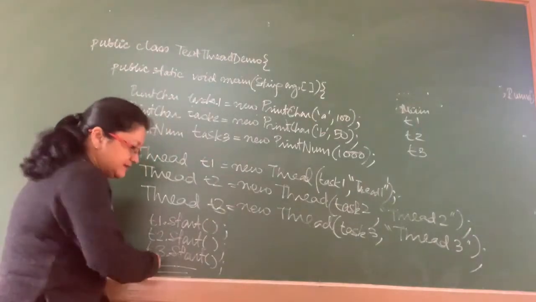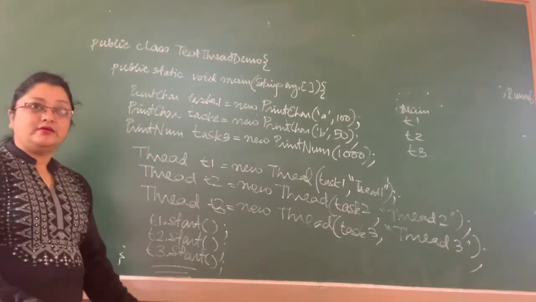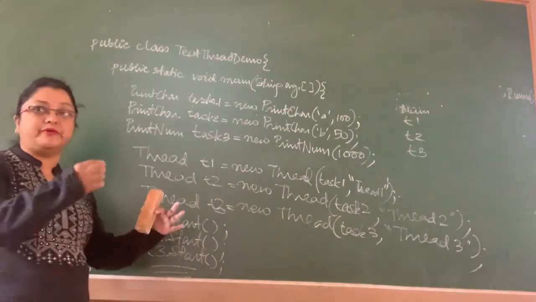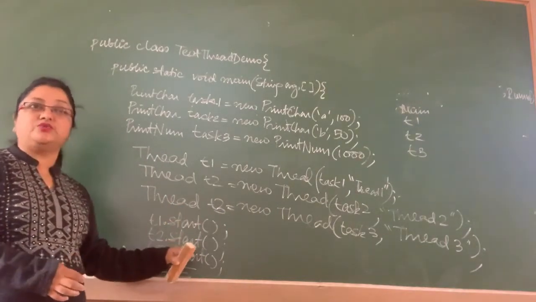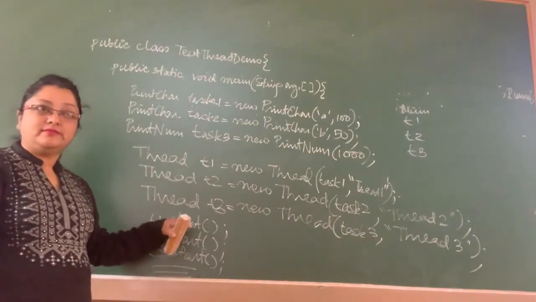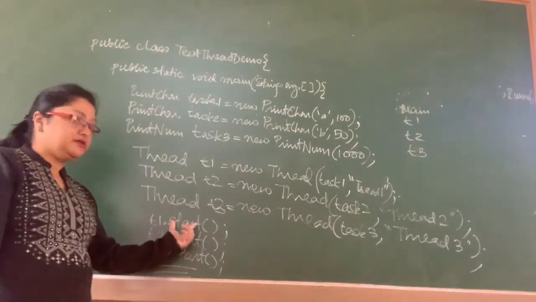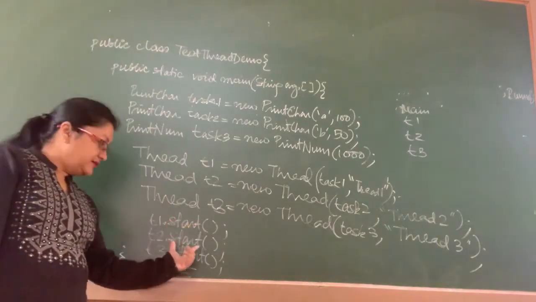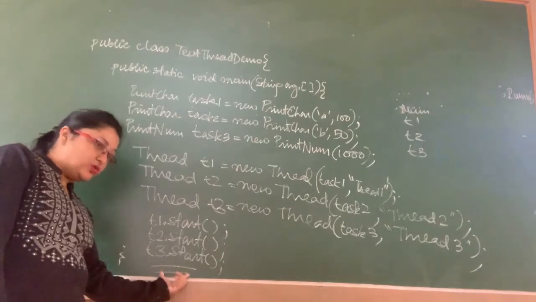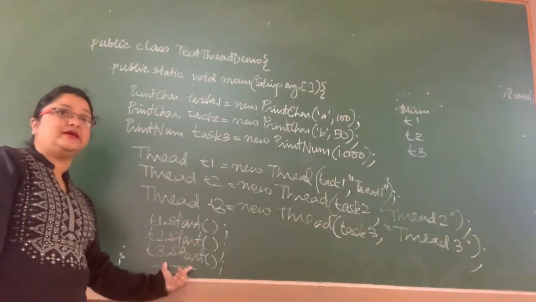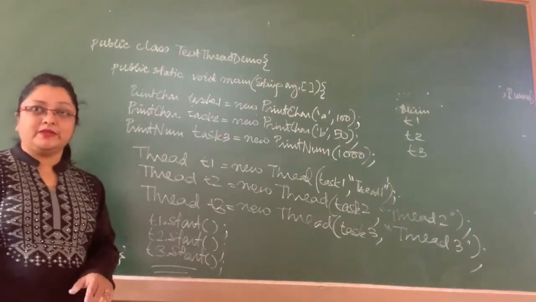If you have some code after this, it may run overlapping with T1, T2 and T3. The execution may overlap, so it may be that first the run method of T1 is executing, then the code in main, then T2, then T3, then main, and it can go on like this.